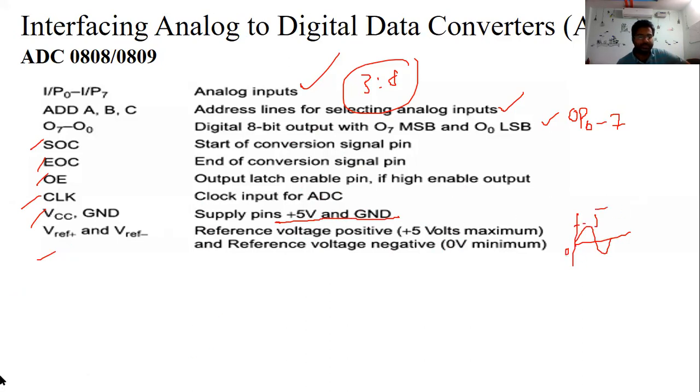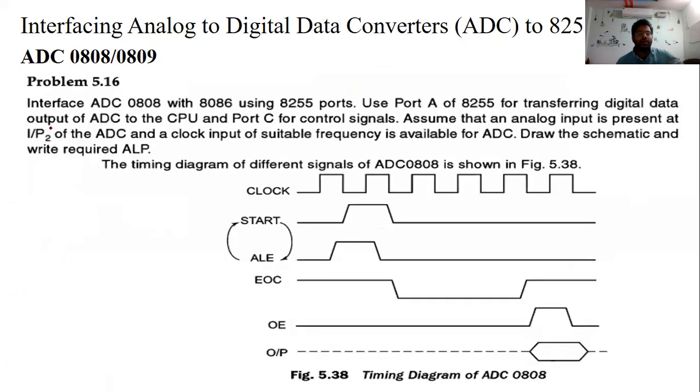So that is the reference voltage. Now see this: how to interface ADC to the 8255P. In the examinations they can ask the problem like this, or they can straightly ask to interface 0808 to the 8255P.